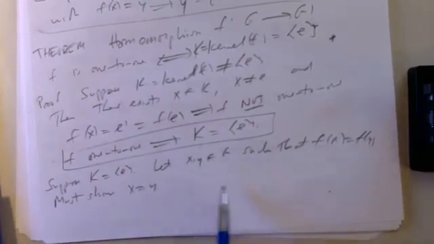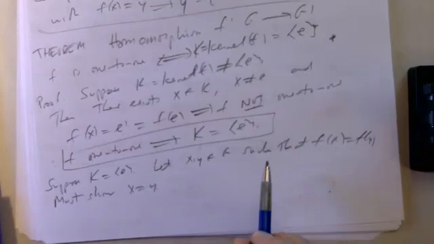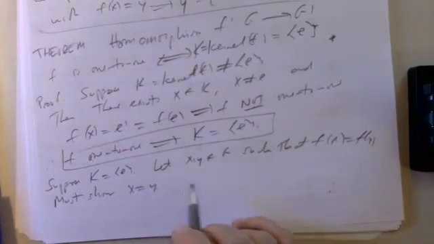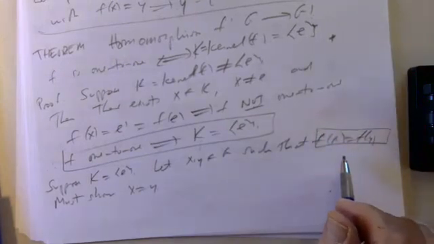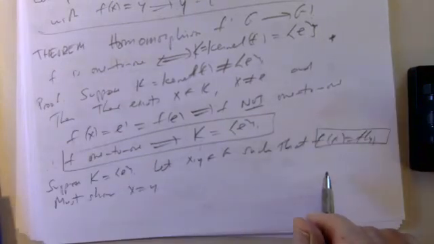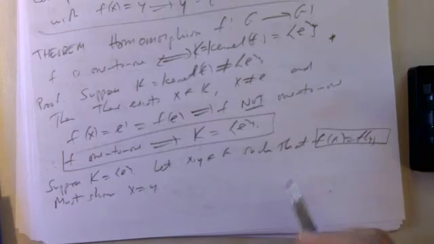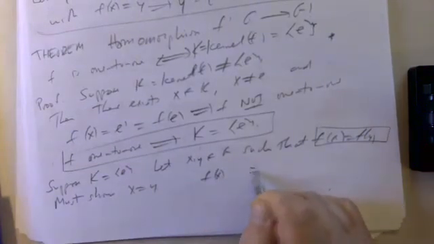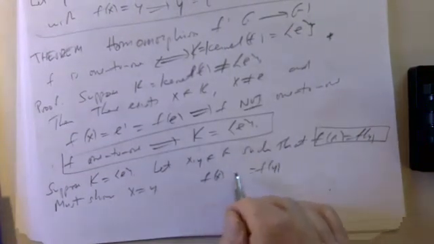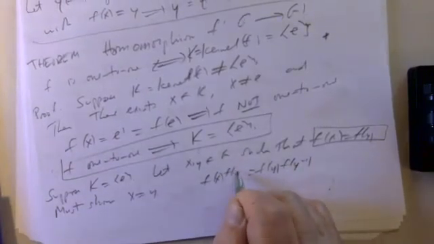Two different elements can't be sent to the same element in G prime. So from this equation, let's say on the right, multiply by f of y inverse. I have f of x equals f of y, multiply by f of y inverse.